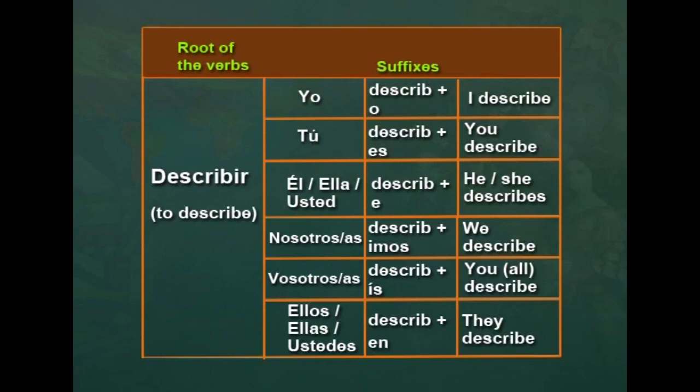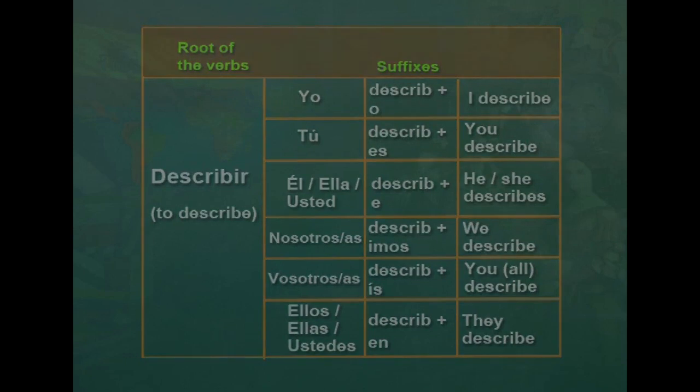Nosotros vivimos, vosotros vivís, ellos, ellas, ustedes viven. Like the ER conjugation verbs, in the vosotros form we have vivís, with an accent on the I.